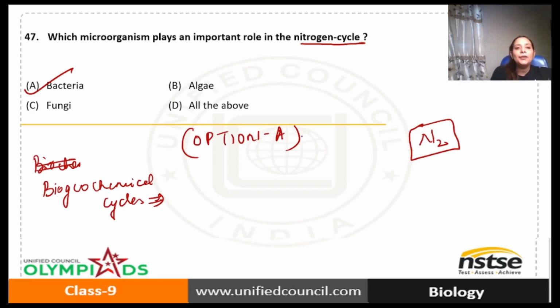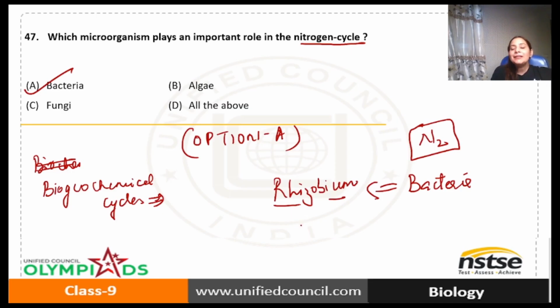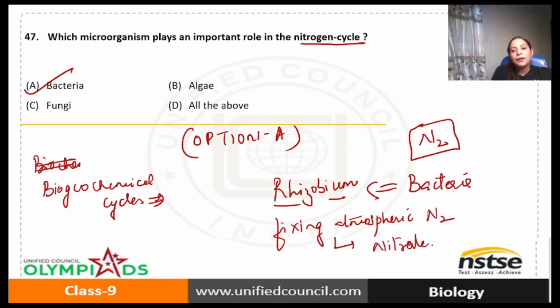So if we talk about the nitrogen cycle, bacteria play an important role. And which bacteria? Rhizobium bacteria. Because this bacteria is capable of fixing atmospheric nitrogen and converting it into nitrogen compounds, that is nitrates and nitrites.